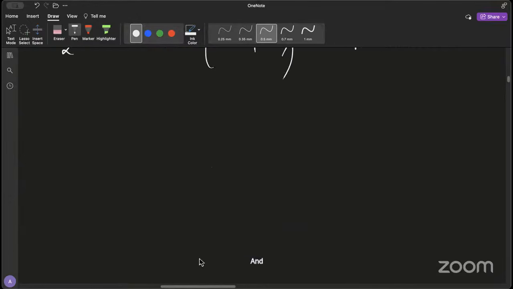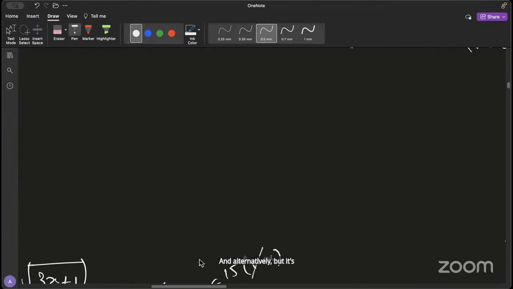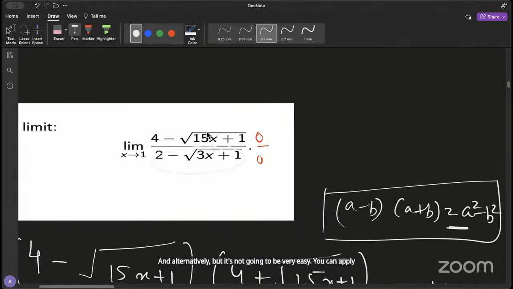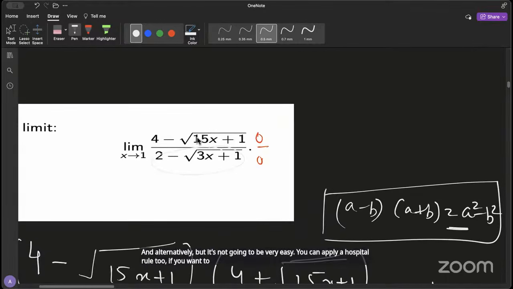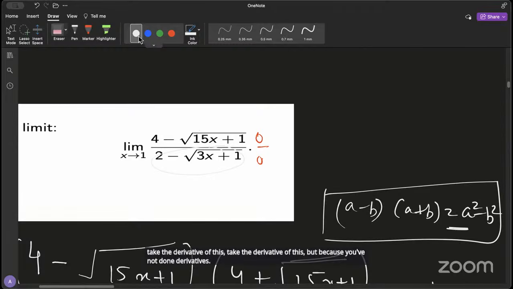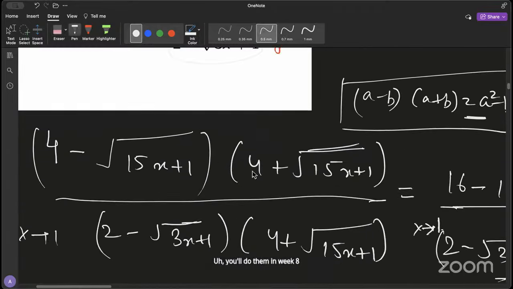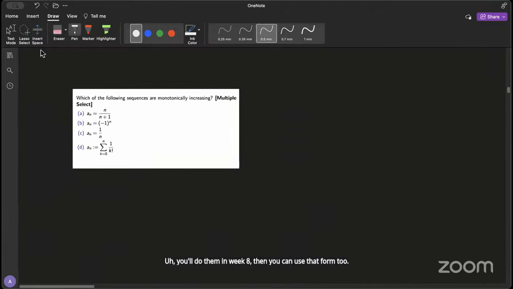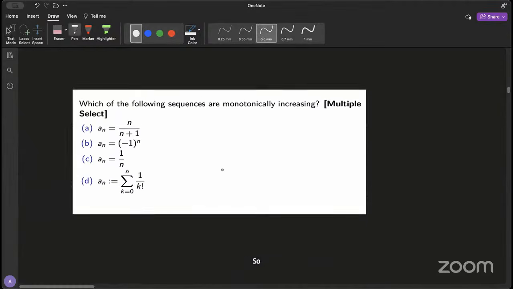And alternatively, but it's not going to be very easy, you can apply L'Hopital's rule too. If you want to, you can apply L'Hopital's rule to the numerator. Take the derivative of this, take the derivative of this. But because you've not done derivatives, you'll do them in week 8. Then you can use that form too, the L'Hopital's form. So the last question is clear, right?